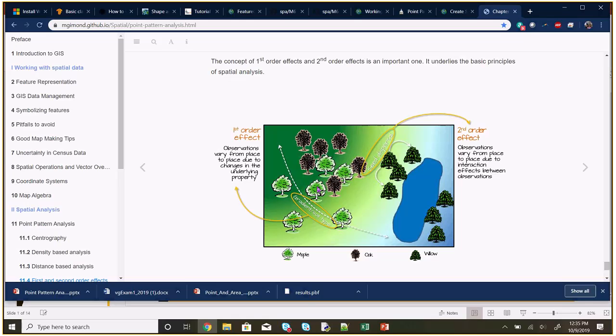They might grow taller. They might be fatter than they are in other places. And this could be even something very simple, like the presence of pollution means that certain species are affected and they're sick in those areas. So that's a first order effect in a spatial process.